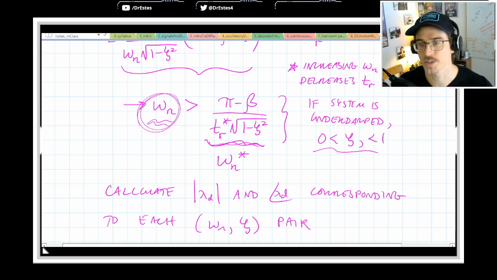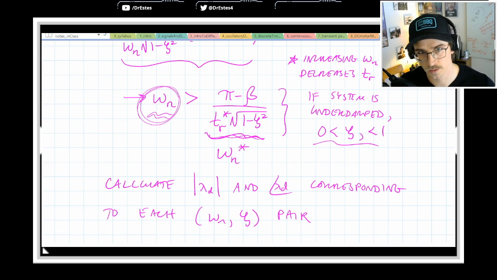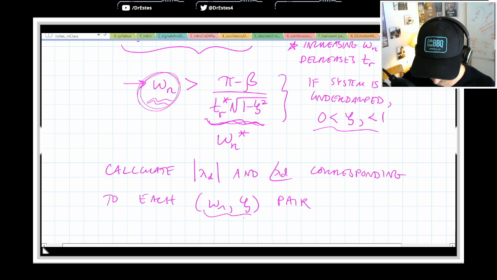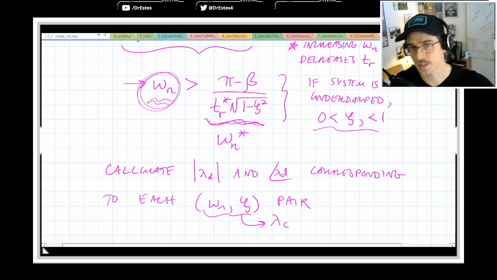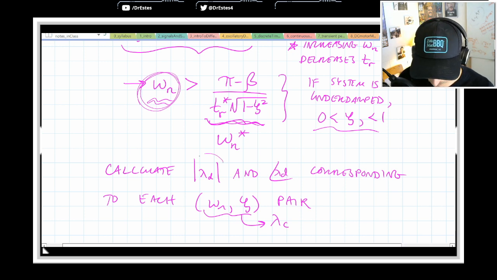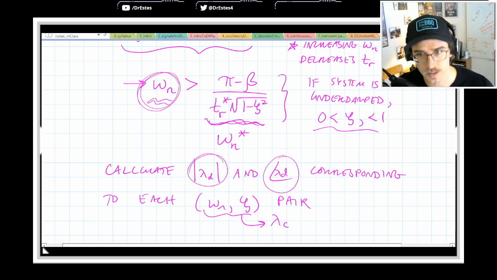Basically we made a bunch of pairs. Each damping ratio has a certain natural frequency you have to be greater than. If you have these, that can define a continuous time root, and once you have a continuous time root, you can get your discrete time. But I want to figure out what's the magnitude and phase, and then once we have that, we can plot the shape.